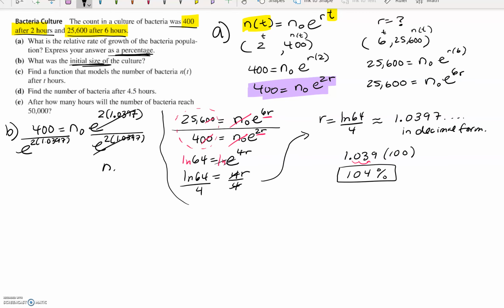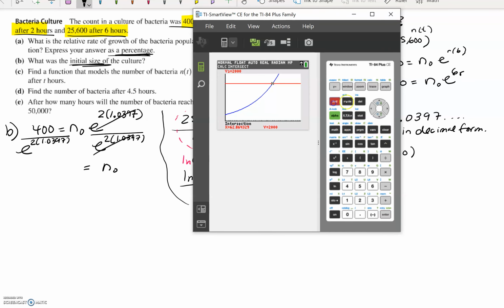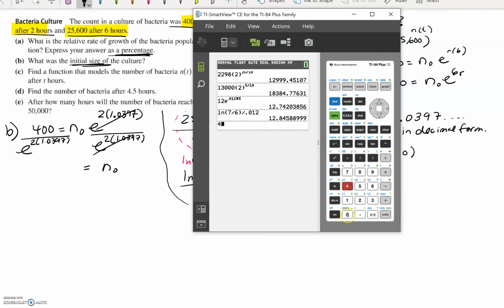These guys cancel, and my N naught is going to be, I can punch it in quickly: 400 divided by e to the 2 times 1.0397.